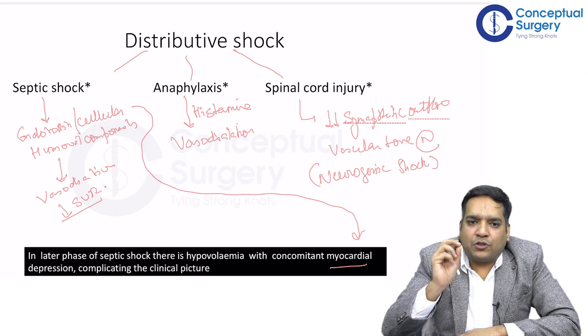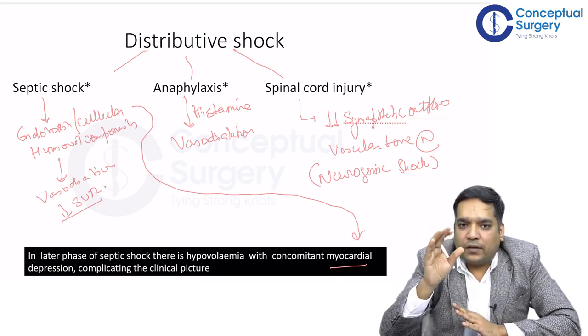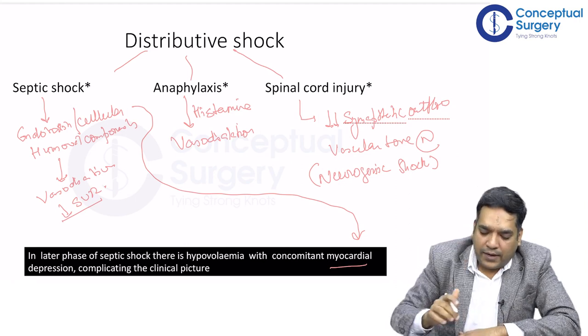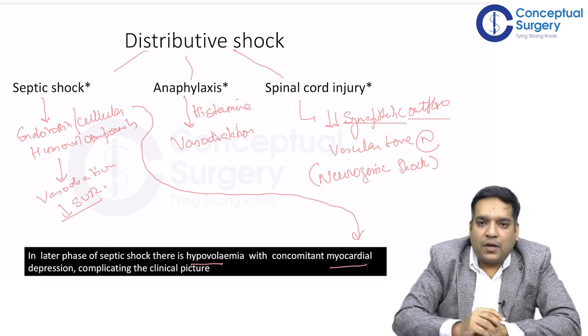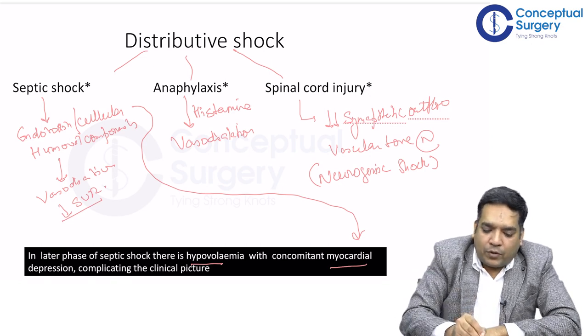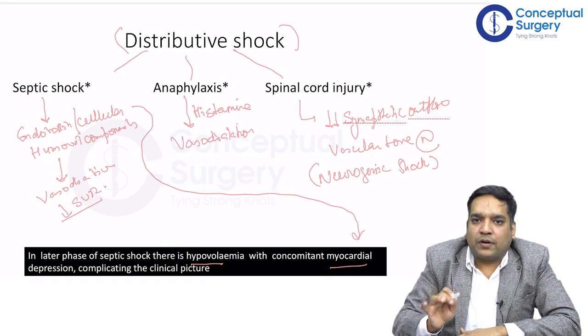So septic shock is a complex shock which has 2 to 3 layers in it, right? It is going to have hypovolemia, it is going to have a component of cardiogenic shock also, and obviously it is going to have a distributive shock component also. So these are the 3 ways in which a distributive shock can present.